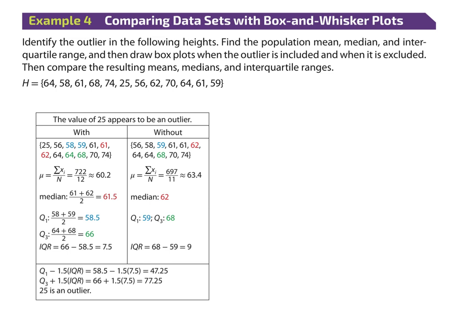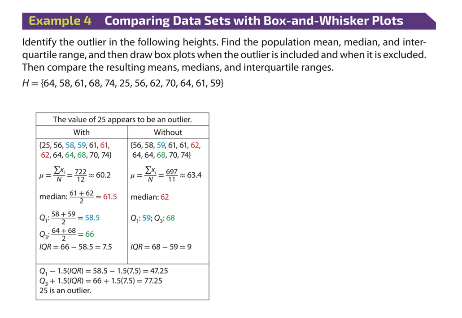What outliers do is skew your information. If I look at the mu, or the mean, of this information with that value in it, it's 60.2. Without it, 63.4. That's a significant change from one to the other, considering it with my outlier or without.